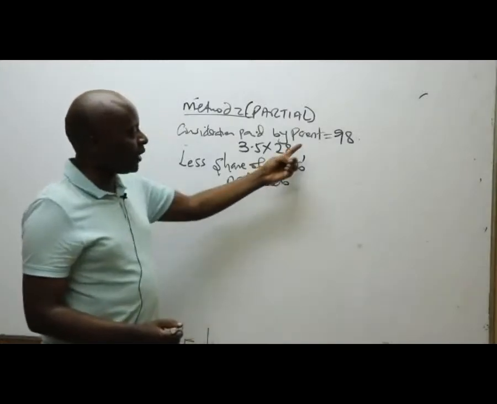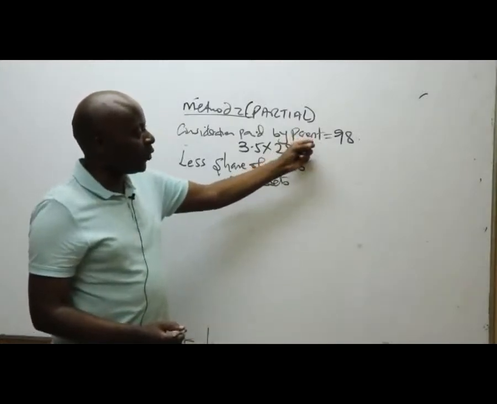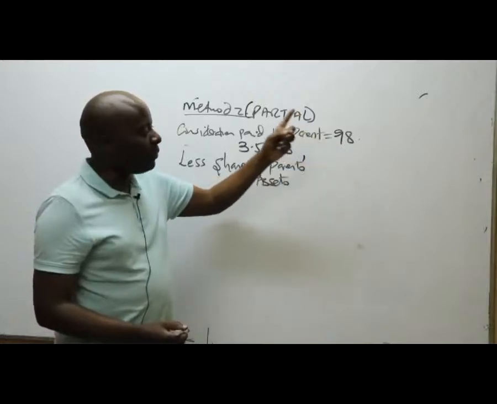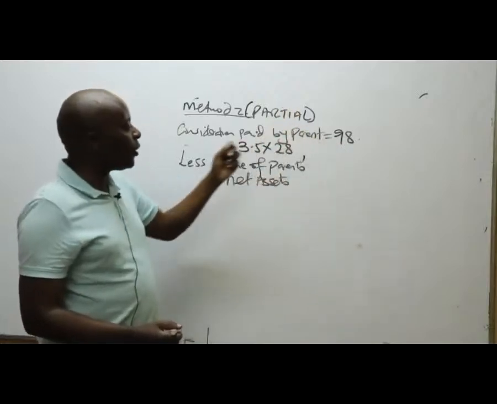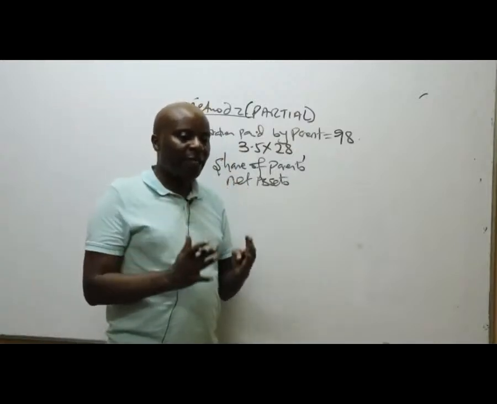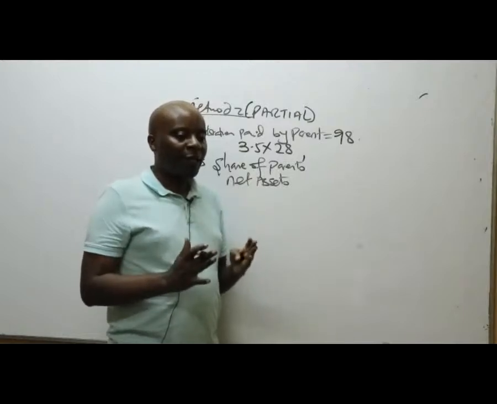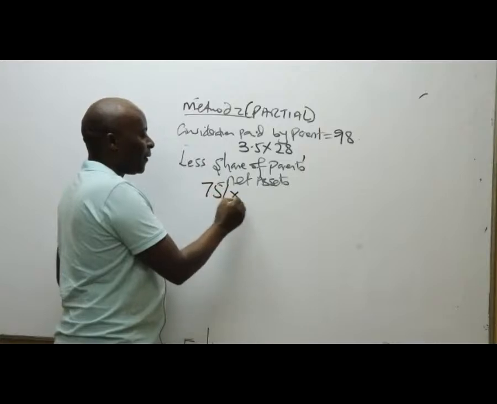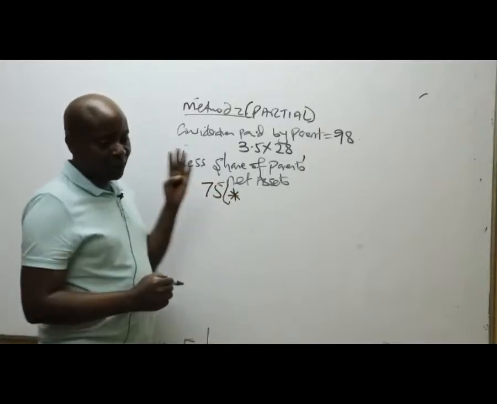Remember, you're only putting in a value of the parent, so in terms of net assets, I recognize the net assets of the parent. And the parent has got what percentage here? 75%.